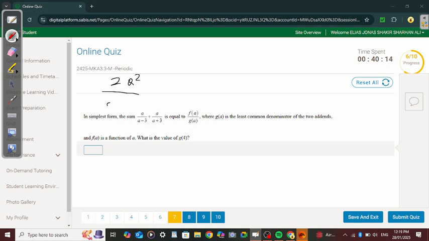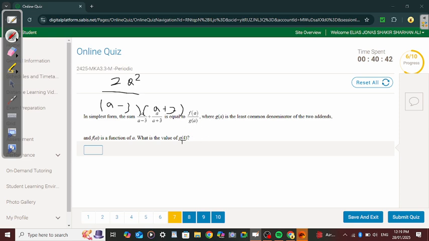So A minus 3 multiplied by A plus 3. You're going to get the same answer. Okay, so that is your denominator. Don't expand it. You're just going to be complicating yourself.